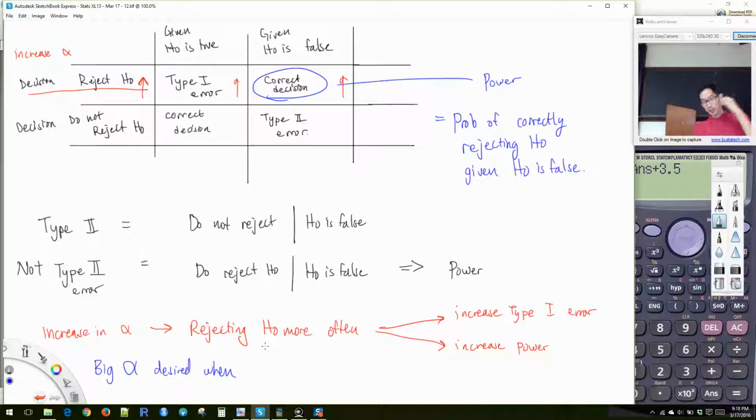Less so we don't want to make type 1 errors, but we have to choose. We have to decide, is type 1 error worse or type 2 error worse? So big alpha is desired when type 2 is worse, and small alpha desired when type 1 is worse.